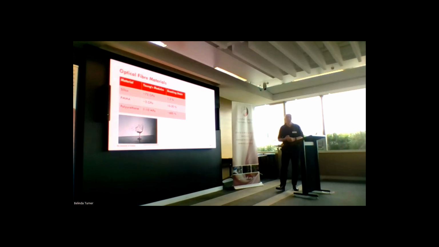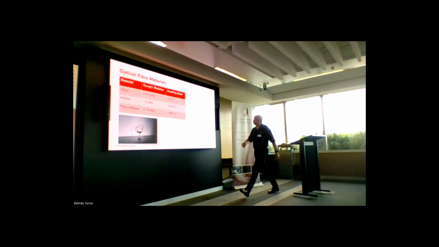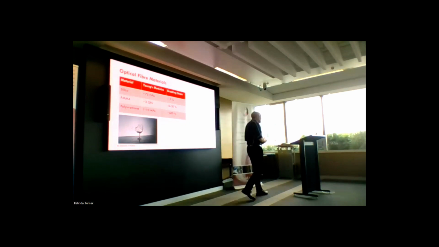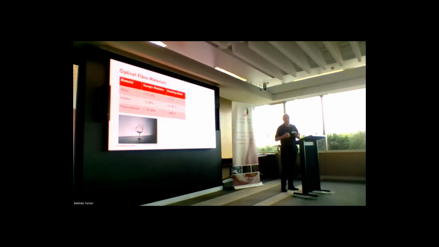It's got a much lower Young's modulus, 4 or 5 orders of magnitude, and a very, very large breaking strain comparatively. Some polyurethane you can stretch by a factor of 6 before it'll break, which is why it's good for making slingshots and rubber bands and spandex and things out of.